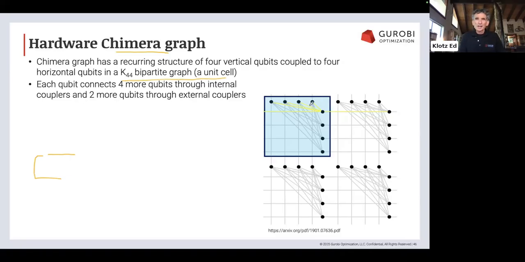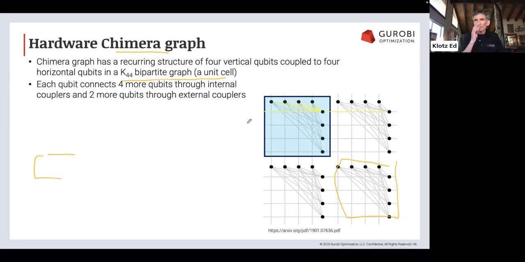Each unit cell has the 4 connections for each node, which is a qubit, to the four elements of the bipartite complete graph. So we see bipartite complete graphs here in each unit cell, and we have those connections. And we'll talk a bit more subsequently. There also are some connections between the unit cells that we can exploit as well.